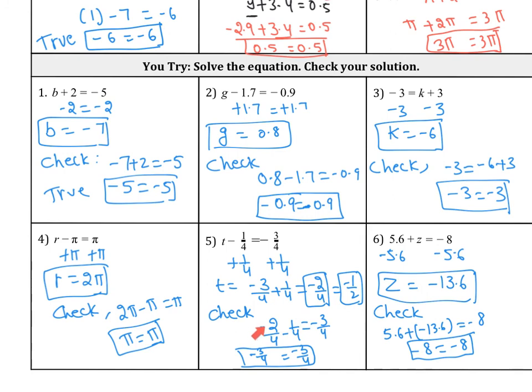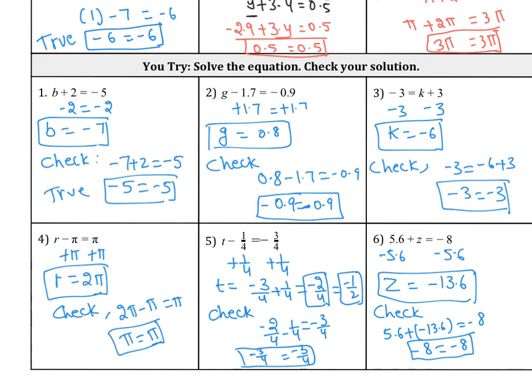So we do anything we can to make our steps easier. So -2/4 minus 1/4 will give us -3/4, and this is -3/4 on the other side. So that's true, and we're going to say that this is our answer, either this way or that way.